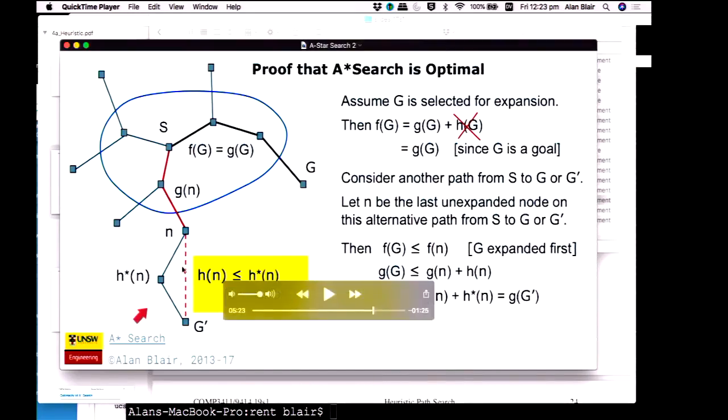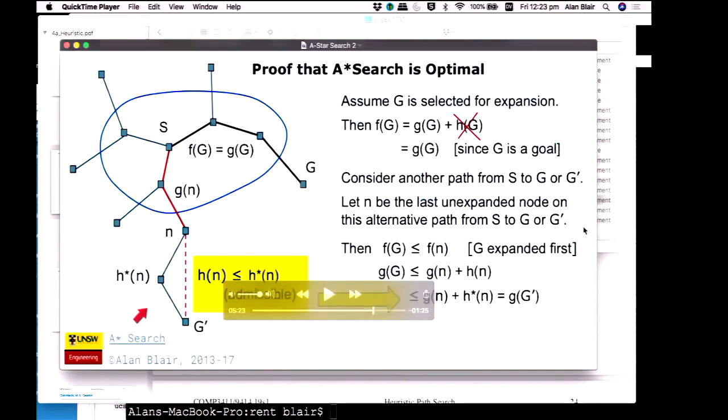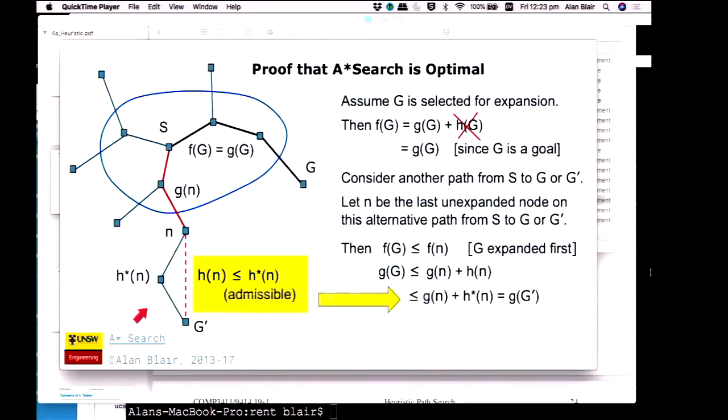And that tells us that this path must be longer than that path. Okay, if you go through the video and repeat it if necessary, I think you'll see the logic of this better. But this basically proves that the A-star search will always find the shortest path.